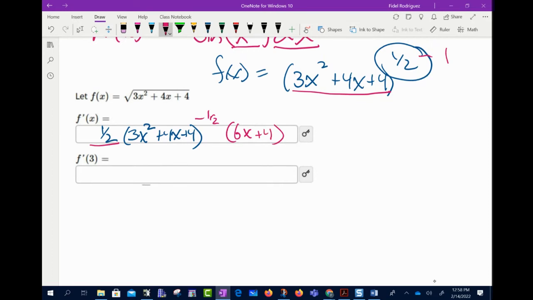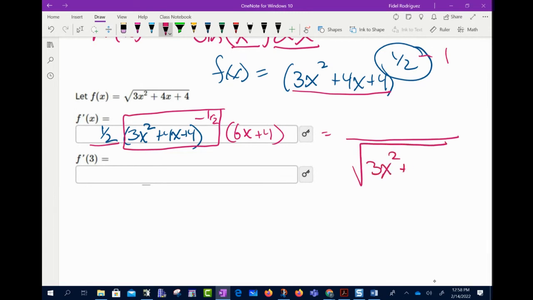So y'all, I'm just going to do a little cleaning up here. Okay. First question. Do you agree with me that this part can get kicked downstairs because the power is a negative 1/2? Wouldn't that just be the square root of 3x squared plus 4x plus 4? So this guy right here, y'all, got kicked to the bottom because it had a power of negative 1/2. Okay. All right.